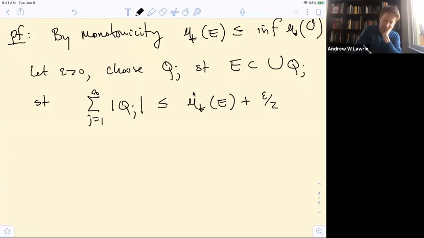Now let Qj° be an open cube for each j containing Qj.